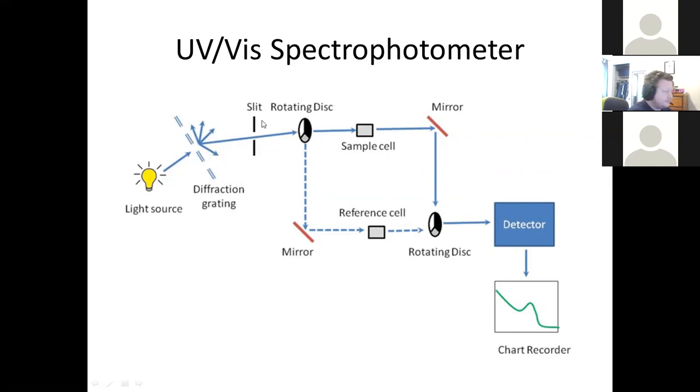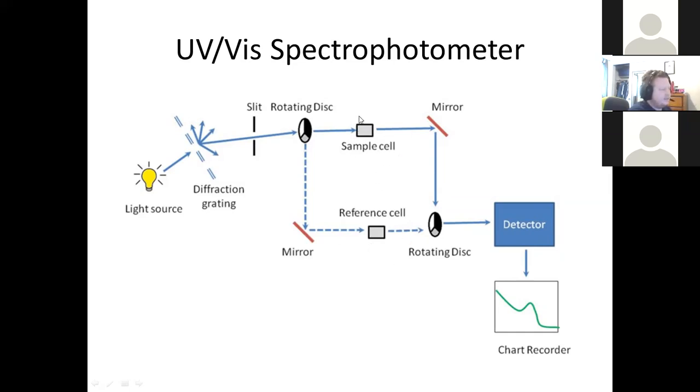But you get one wavelength, because your molar absorptivity is wavelength dependent. You want to make sure it's the same photon. You have a rotating disc, or a chopper, it's typically called, that is allowing the light to go through the sample cell and a reference cell that just contains your solvent and none of your analyte, and then a sample cell that contains your analyte and your same solvent.